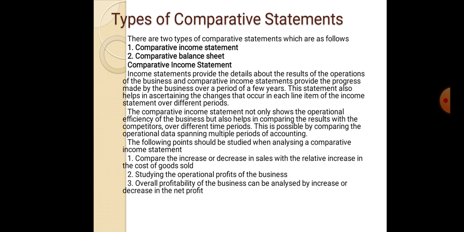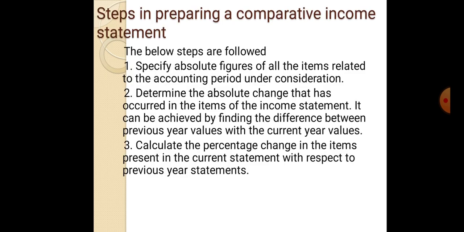And secondly, when you are preparing the comparative income statement, you have to study the operational profits of the business. And the third important point is that the overall profitability of the business can be analyzed by the increase or decrease in the net profits. So this is about the comparative income statement.